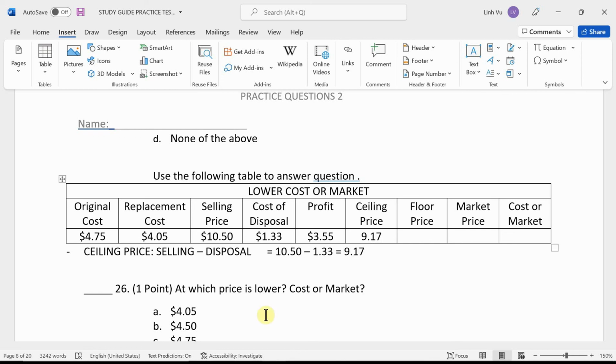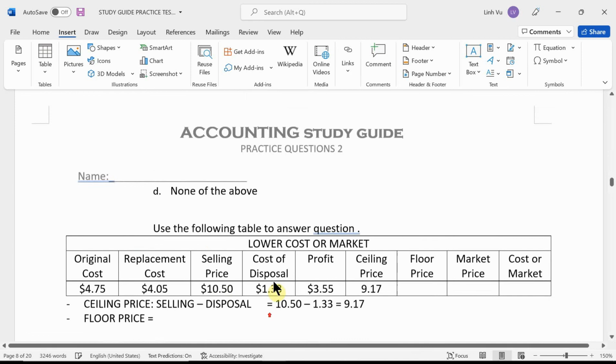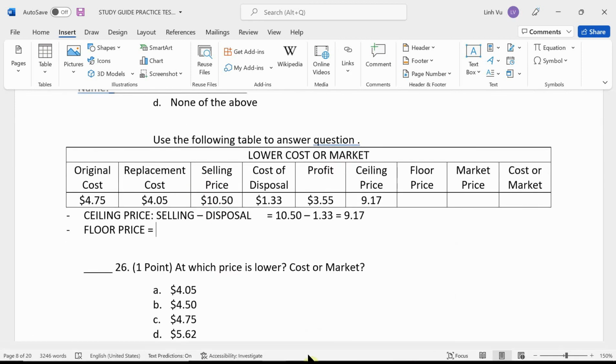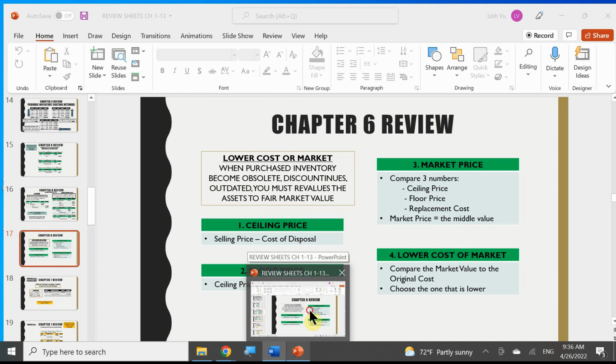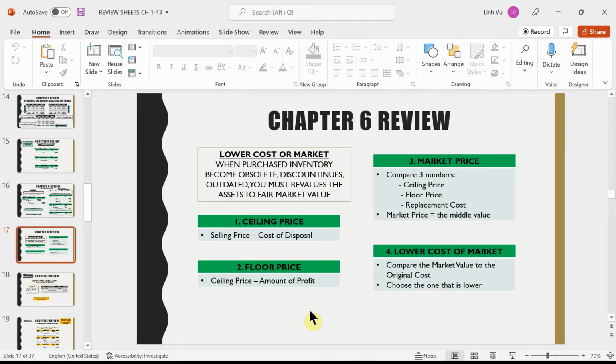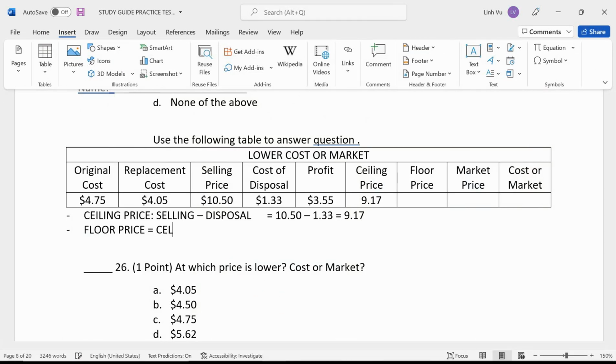How do you solve for the floor? It's ceiling price minus the amount of profit.